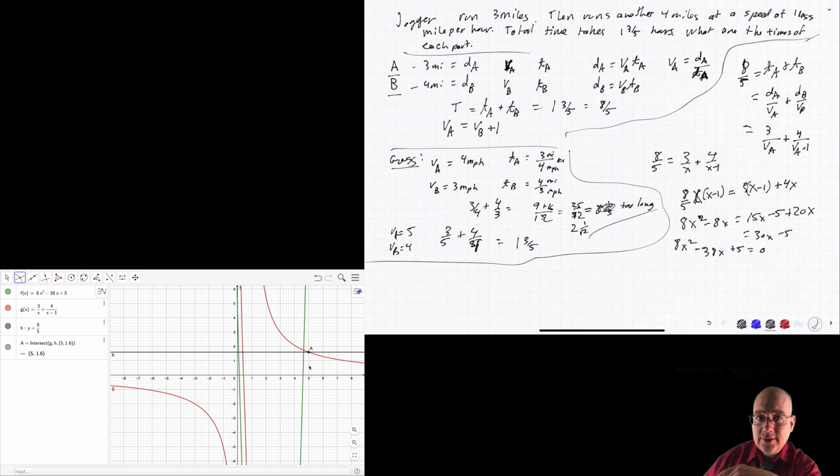Okay, so my guess and check is correct. Somehow this algebra went bad on me. Ah, 15x plus 20x is 35x. So that's one mistake.